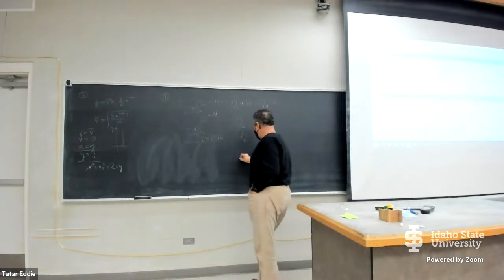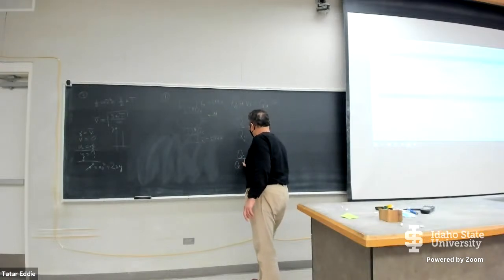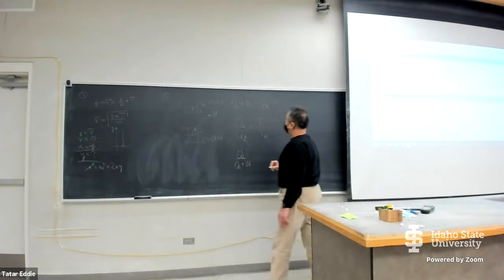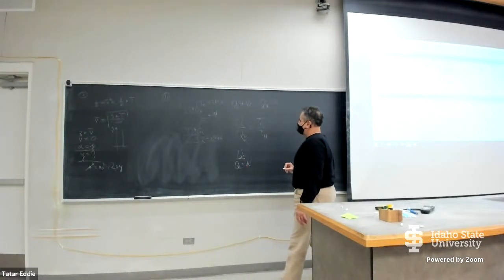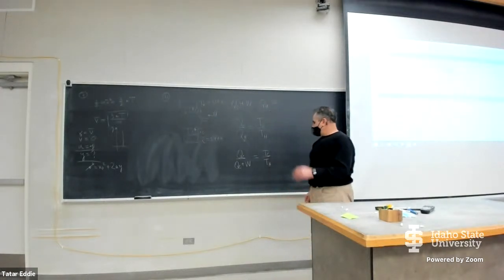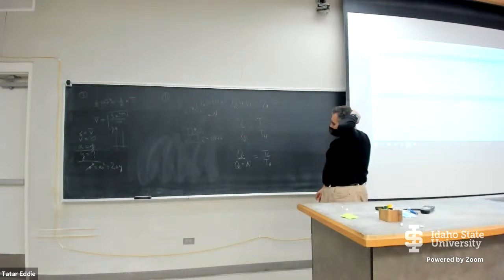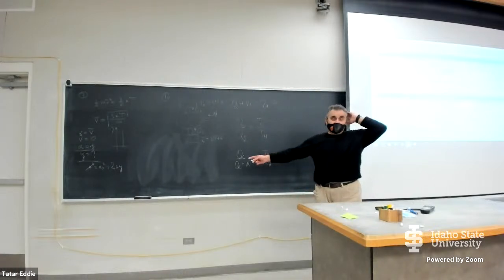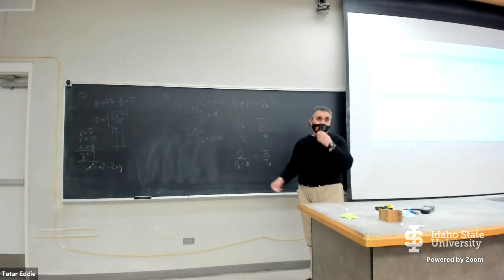And I'm going to get QC divided by QC plus work is equal to the ratio of temperatures, TC divided by TH. And now it looks like everything is given except QC, so you can solve for it.